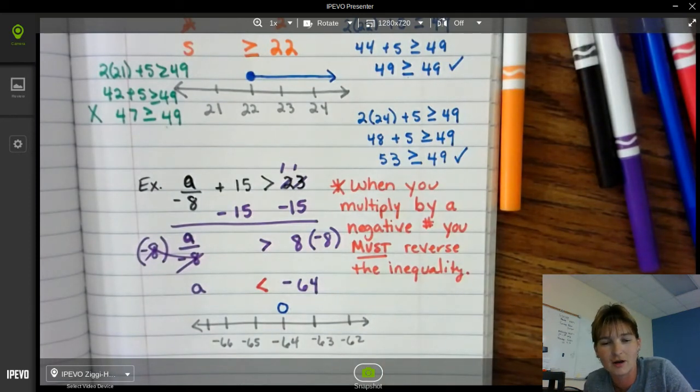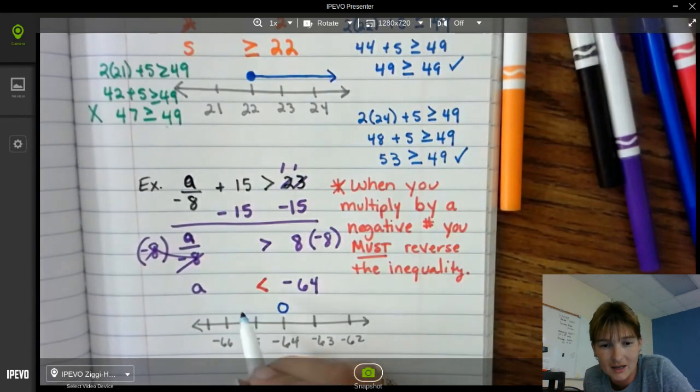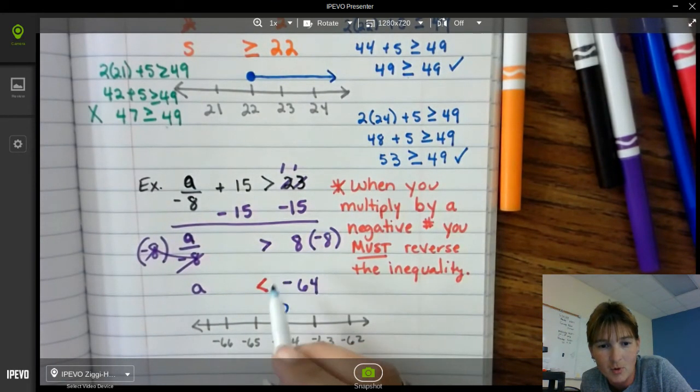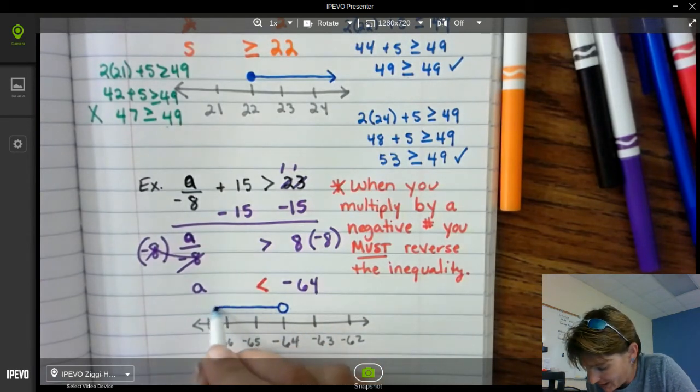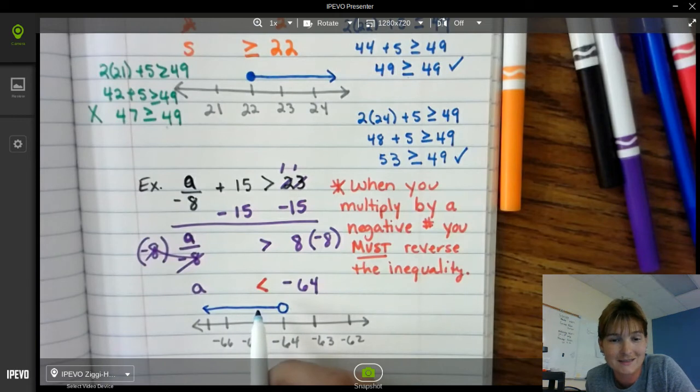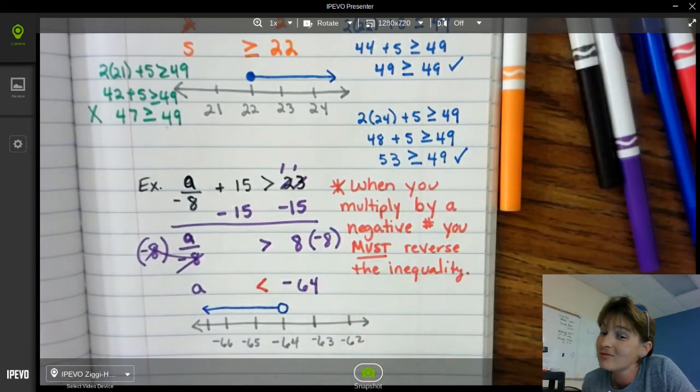All right, so it's the best way I can explain it with money. So since we are less than that, you go to the left. And anytime you say less, which starts with an L, you go to the left.